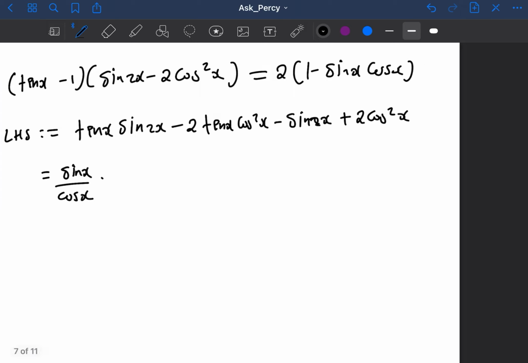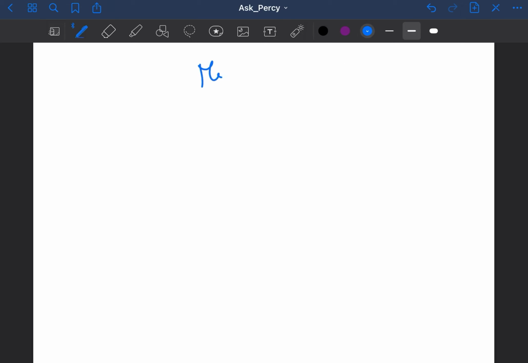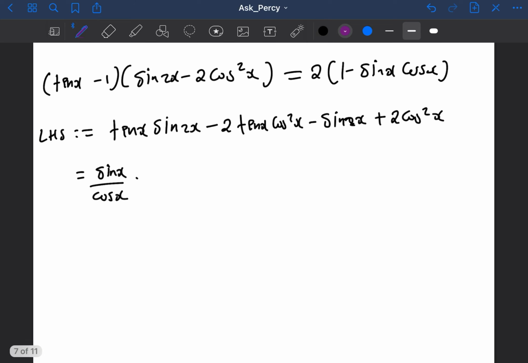And in our notes, we know that sine 2x is equal to 2 sine x cos x, double angles. So we're going to write this as that. So that's going to be 2 sine x cos x minus 2, of course, we know tan x is sine x over cos x.